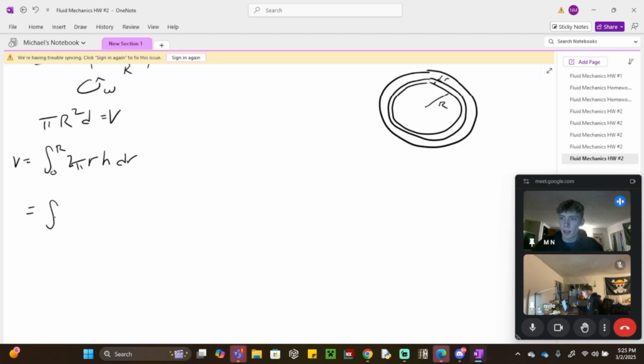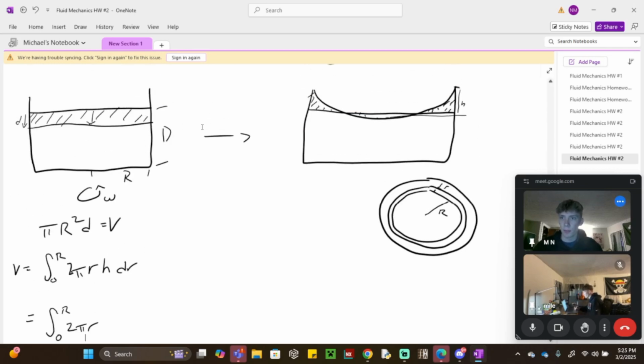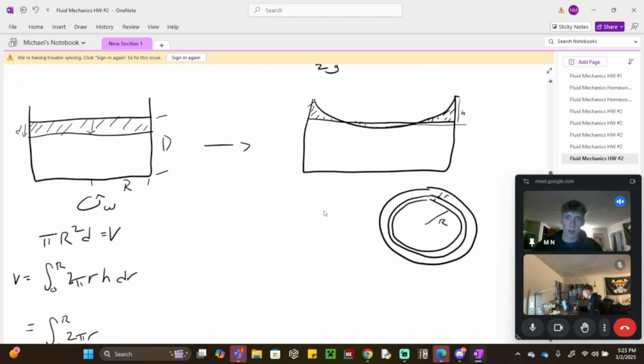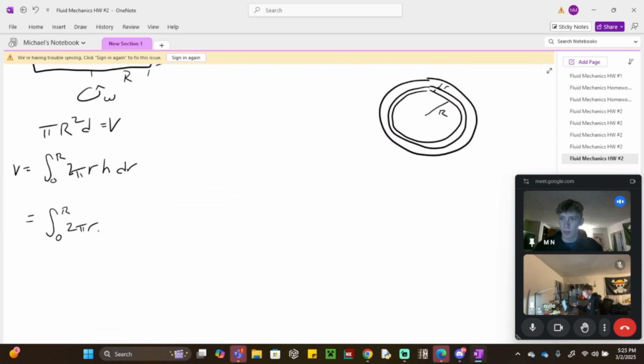So now we can replace some of our variables here. We know that h in this case is going to be equal to omega squared r squared over 2g. So we'll plug that in, dr.